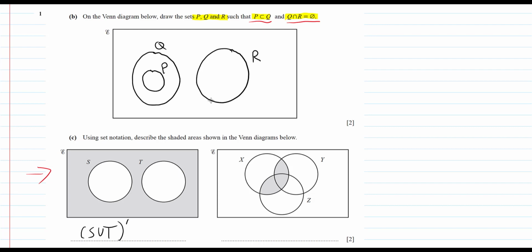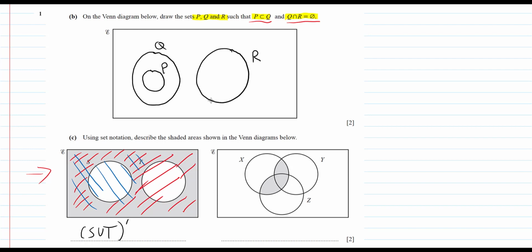So another way to think about that one is if we shade everything not in S, so I'll do that in red, everything not in S, just sort of roughly there. So that's all the part in grey and also anything that's in T. So that's everything not in S. Now if I use blue to shade everything not in T, so not in T is all through here, etc. So the part we want then is where those red and blue lines overlap.